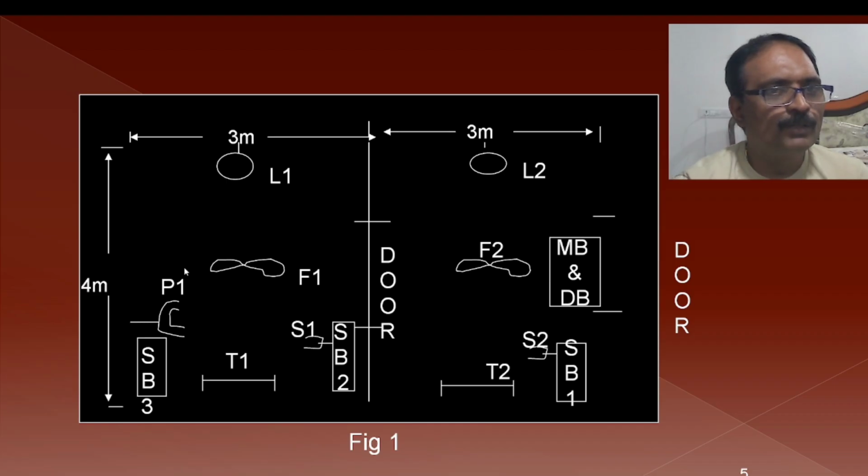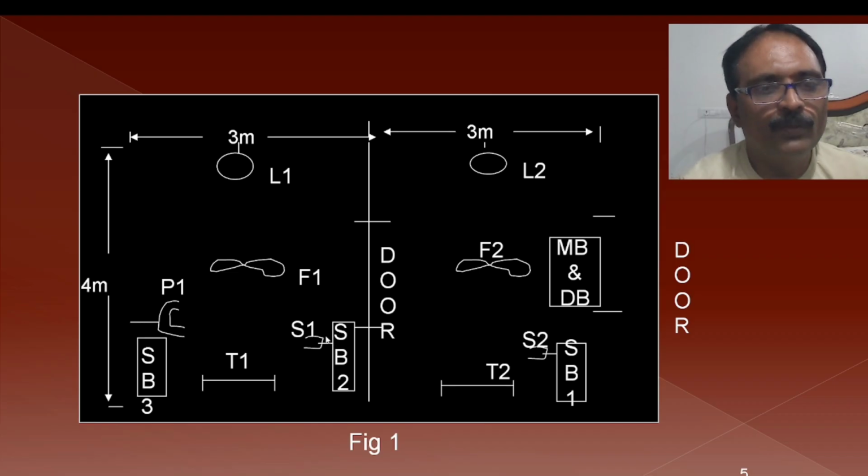Come to hall number 2. Here we have one power socket, and for this power socket we have been provided one switchboard, and one lamp, one fan and one tube light, and one 5 ampere socket is provided here. To control all these things we have been provided one switchboard.